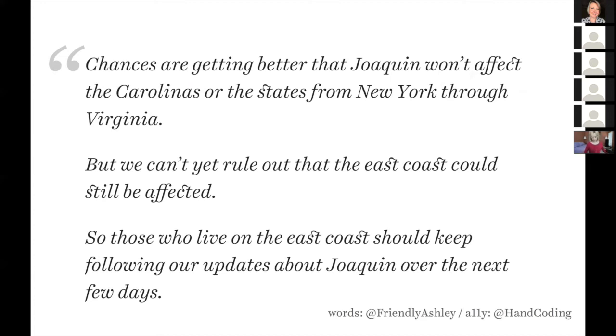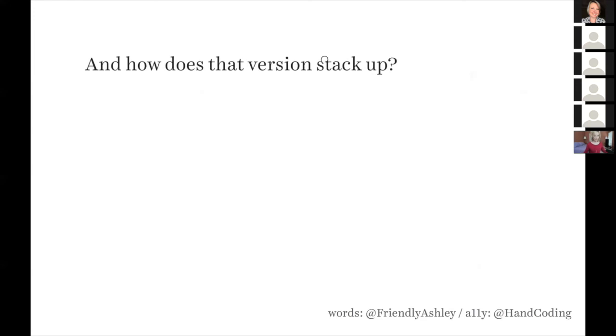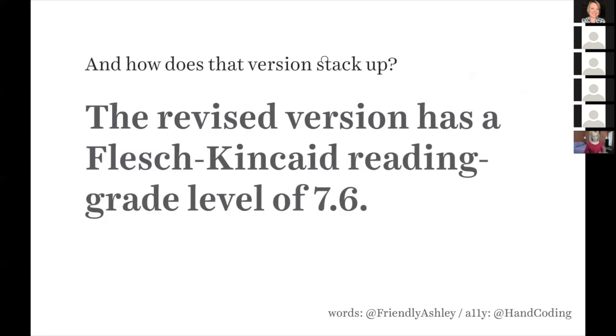And this revised version, how well did it do? Well, this one has a Flesch-Kincaid reading grade level of 7.6. So this means that there's a very good chance that someone with a high school education will be able to understand that warning.